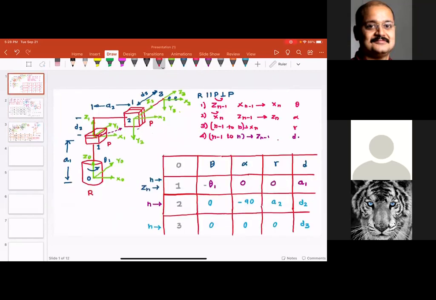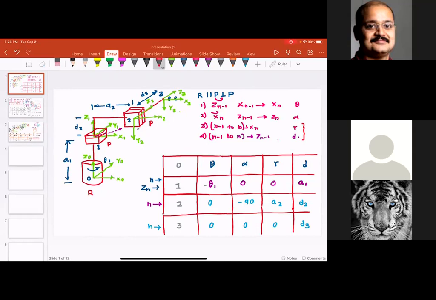So please understand, it is inherent in this DH parameter, which is not explicitly stated, that all the robot link lengths should be along X and Z axes. For some reason, if your robot link length is on the Y axis, then the DH parameter technique would fail.